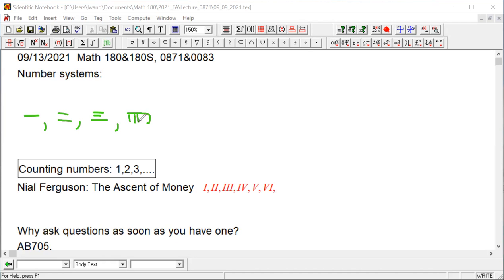This is a 4. And this is a 5. So it starts to change. But no matter what you do, look at these 1, 2, 3, 4, 5 in the Chinese way, and look at them in the Roman way. How do you add them, subtract them, multiply them, divide them?